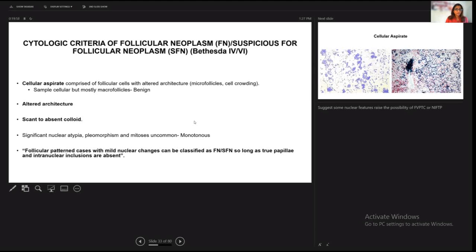And also note, because of the prevalence of the follicular variant of PTCs, especially NIFTP, follicular pattern cases with mild nuclear changes, like we saw in our case, can be classified as follicular neoplasm, so long as true papillae and intranuclear inclusions are absent. So what if true papillae and intranuclear inclusions are present? They automatically get bumped up to suspicious, or even, if you see a lot more, the malignant category.